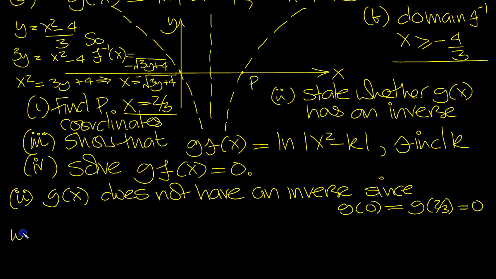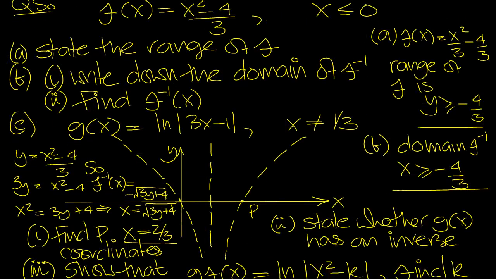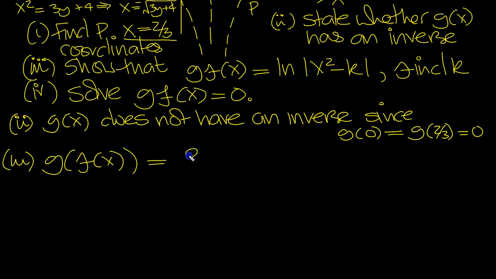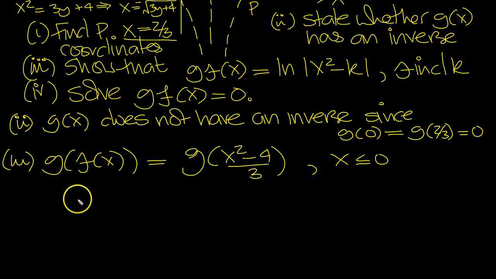So part 3 then: show that g of f of x is equal to that. So we'll use a bit of room here now. g of f of x is equal to, now f of x is equal to x squared minus 4 over 3, and this was for when x is less than or equal to 0. Okay, and that will be log of 3x minus 1, wasn't it?